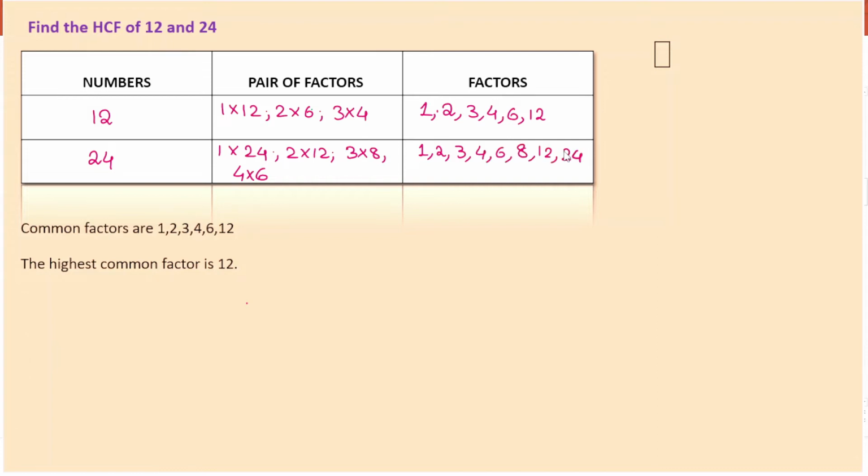The common factors are 1, 2, 3, 4, 6 and 12. The highest common factor among all these factors is 12. So the HCF of 12 and 24 is 12.